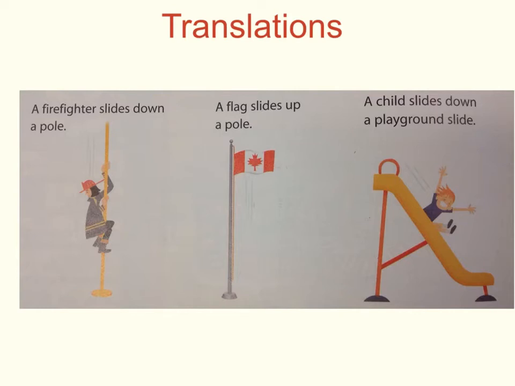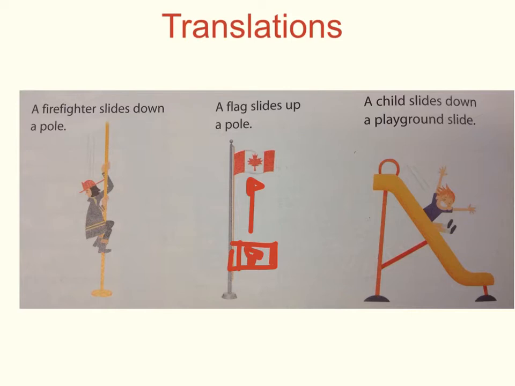The same thing with the flag. The flag is placed onto the flagpole in its normal position, and as it goes up, it doesn't change position. It just moves, but it doesn't turn sideways or flip around. So it stays in the same position. And the same thing with a child on the playground.